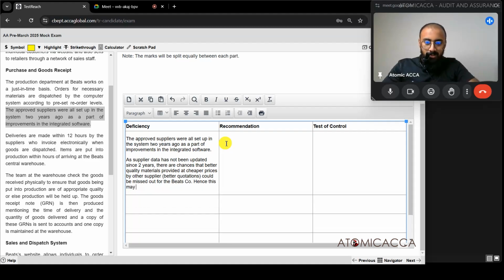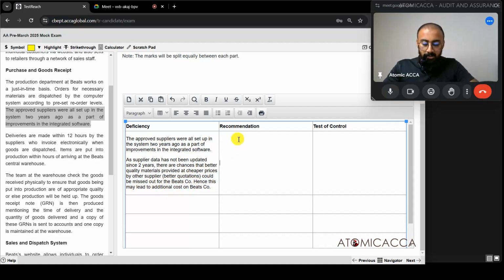Hence, this may lead to additional cost on Beats company. Better quotations could be missed out on Beats. Okay, that is enough. So, what can be a recommendation?